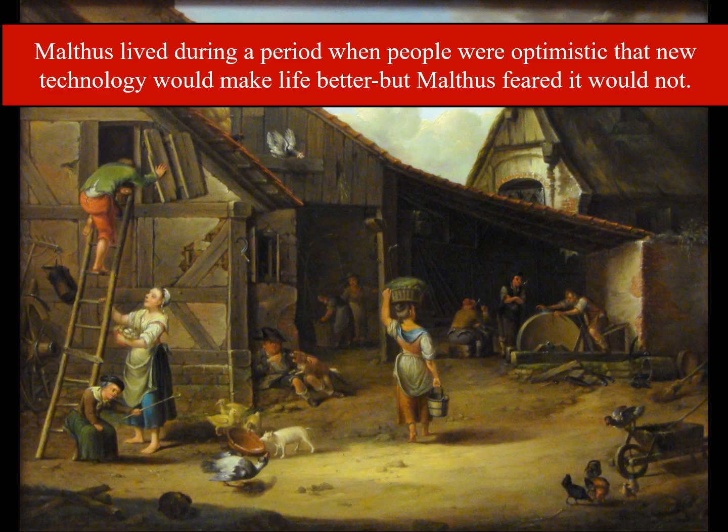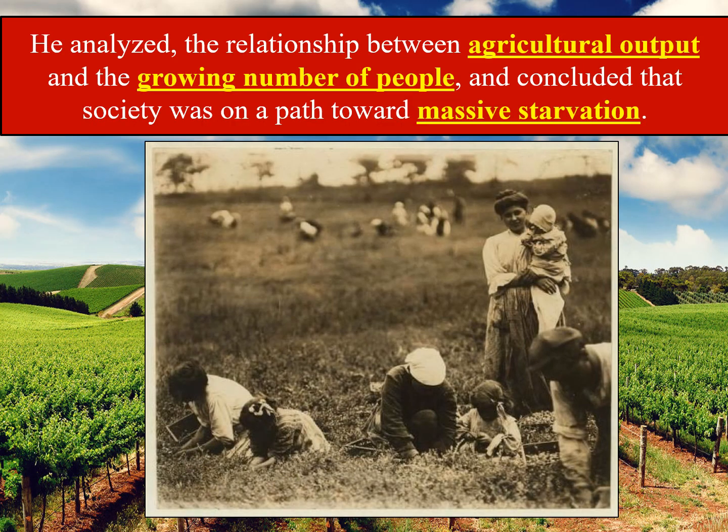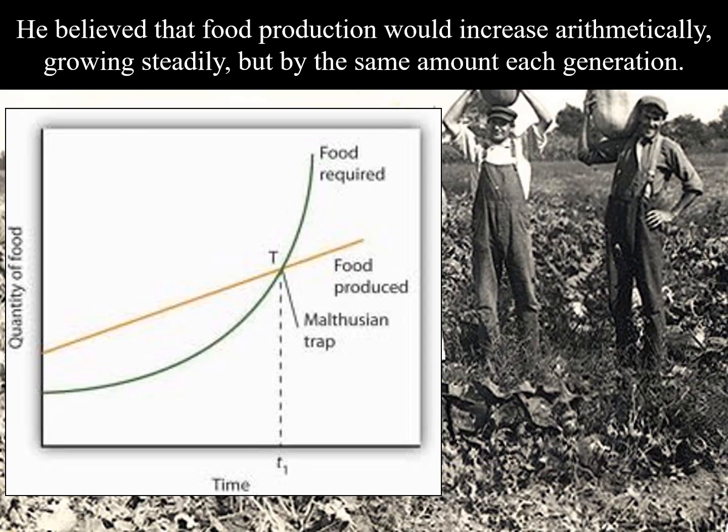Malthus lived during a period when people were optimistic that new technology would make life better, but Malthus feared it would not. He analyzed the relationship between agricultural output and the growing number of people, and concluded that society was on a path towards massive starvation. He believed that food production would increase arithmetically, growing steadily, but by the same amount each generation.